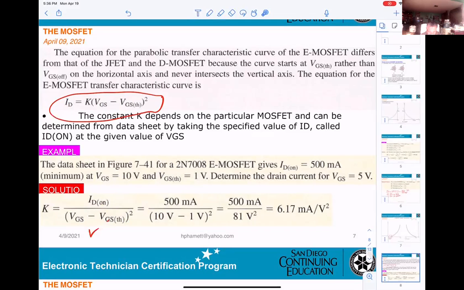Substitute the values, and you get 6.17 milliamp per volt square.